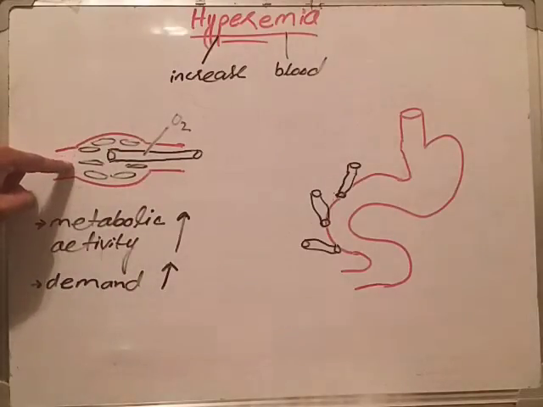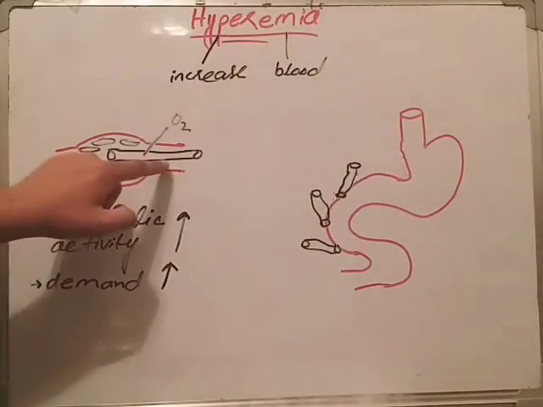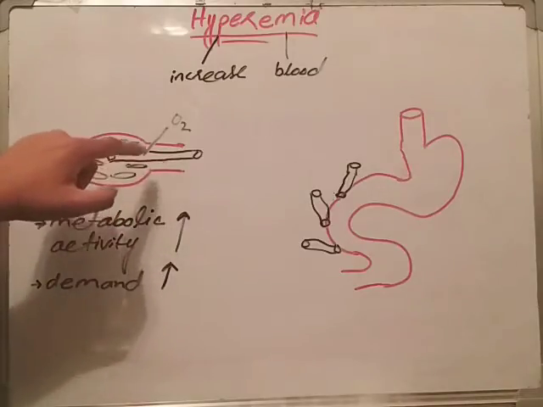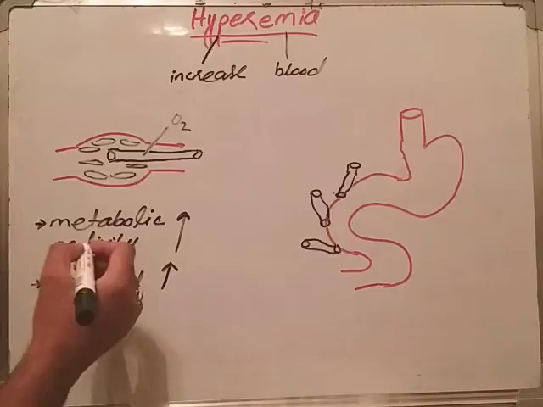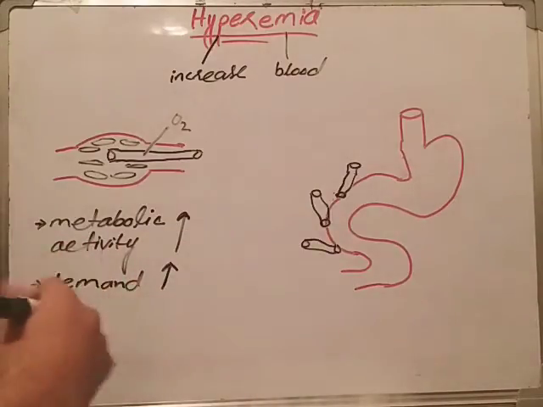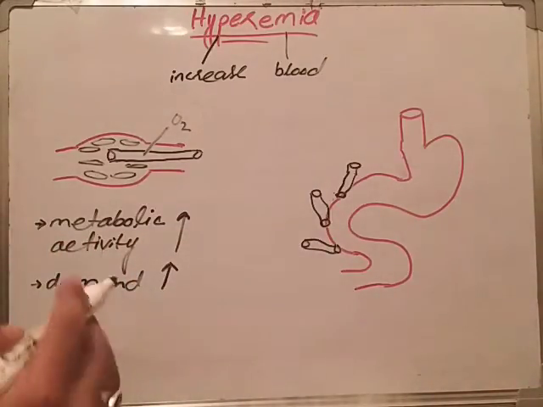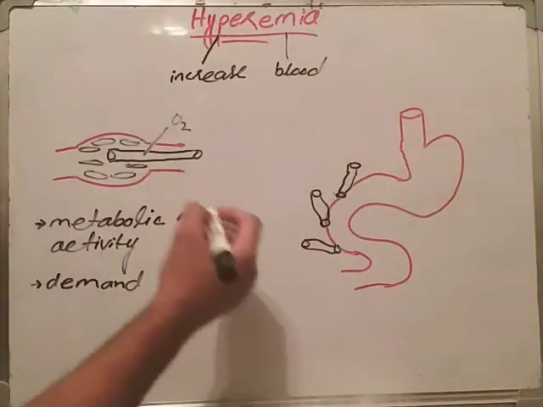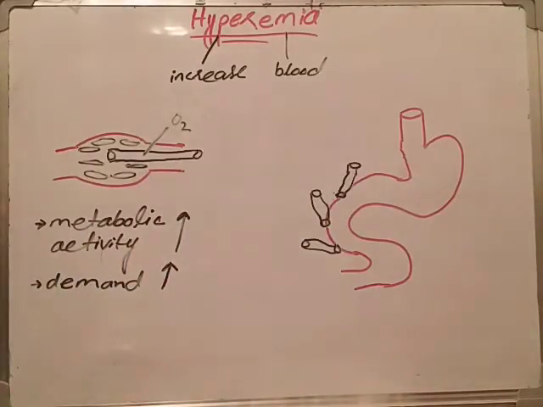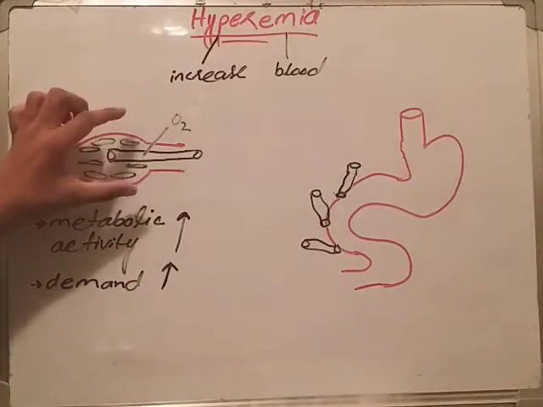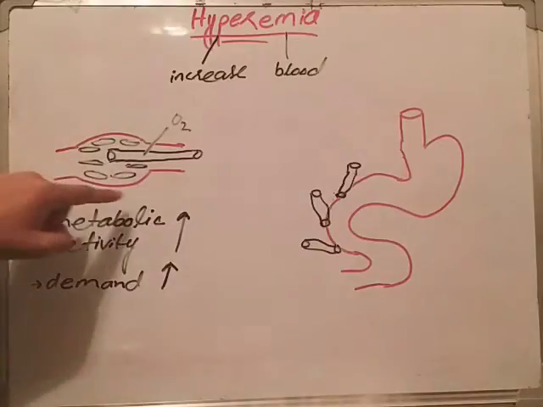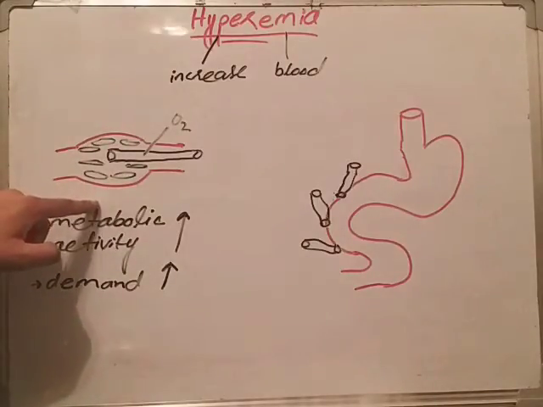When the metabolic activity increases but the vessel diameter remains the same, it means that the oxygen demand is increased compared to the normal condition. Once the oxygen demand increases, the vessel should dilate and provide more oxygen to the fibers.